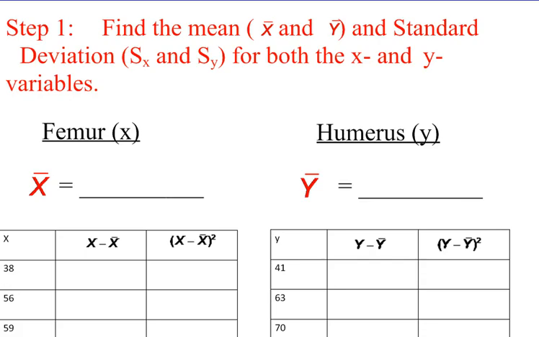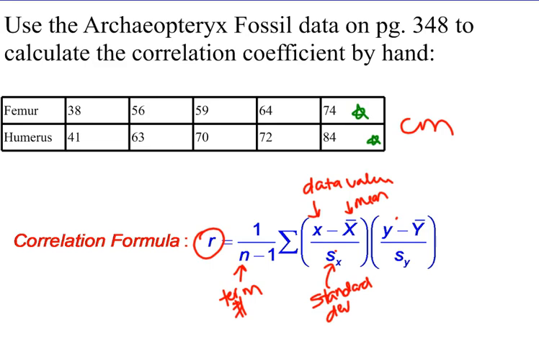numbers are coming from. The first thing we have to find is the mean and standard deviation for the femur and the humerus. So I'm going to go back to this screen, and I'm going to add up all of these numbers to find my mean. When I take 38 plus 56 plus 59 plus 64 plus 74, I get 291 divided by 5 numbers, and it looks like my mean is 58.2.